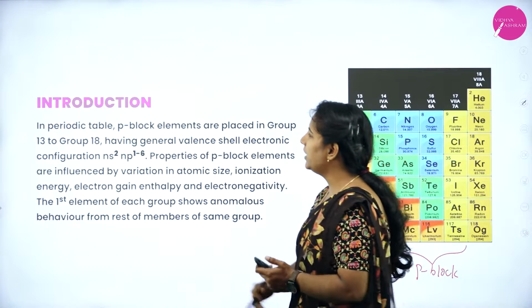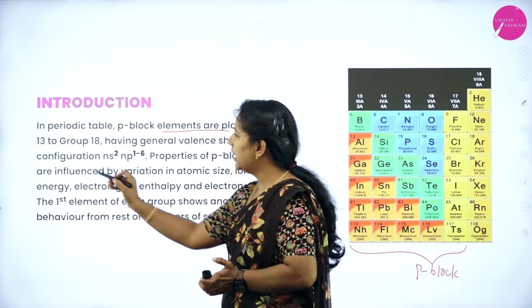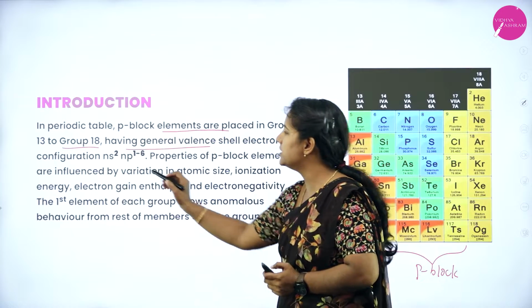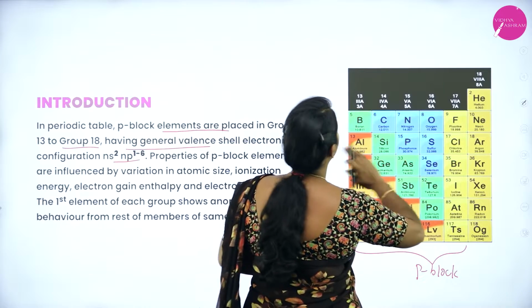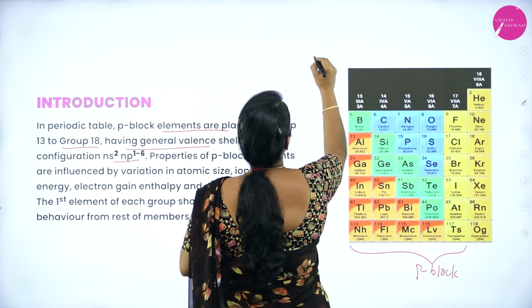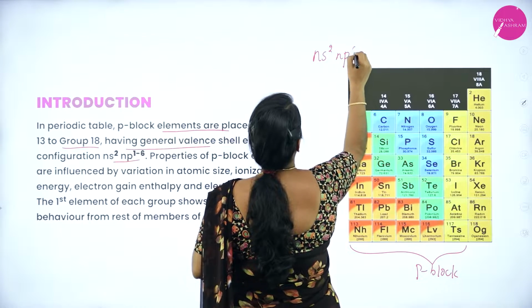In a periodic table, the P-block elements are placed in group 13 to 18, having a general valence electronic configuration of ns2 np1-6. If you start with group 13 to group 18 together, it has an outermost electronic configuration of ns2 np1-6.